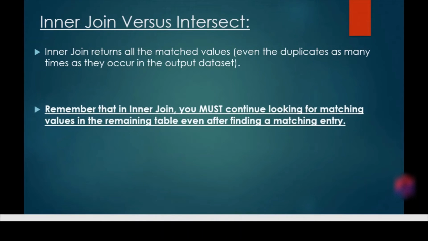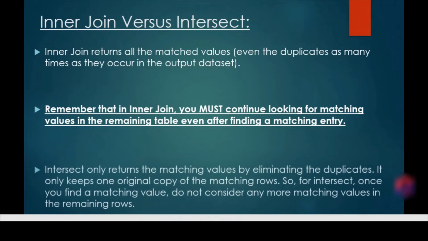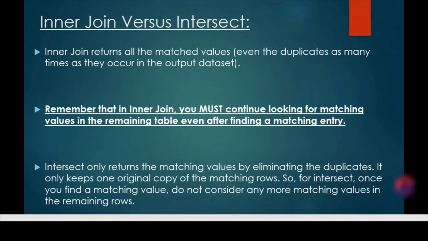On the other hand, if we talk about intersect, it's only concerned about finding one match. As soon as it finds one match, as soon as it finds one which has a match 1 in the second table, it does not look for any more similar matches. So the entire idea of intersect, which we will also see in the upcoming videos, is that intersect only keeps one original copy of the matching rows.